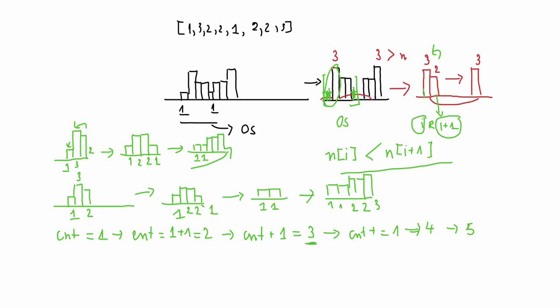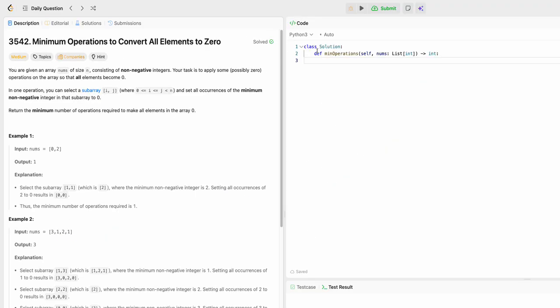And then how can we program it? Yeah, I think the code is not too long. Yeah, so firstly we initialize the stack, and then after that we define the count which is equal to 0, and then we will go from the left to the right, right?